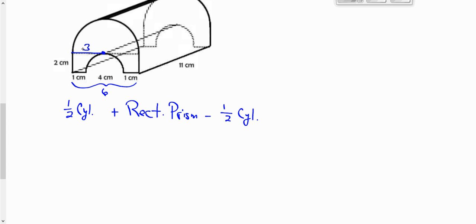If that's 4, what's this radius? 2, right? We're getting some numbers plugged in there that we need, okay? So now let's do the volume. We'll start with the top half cylinder, right? Volume equals not pi r squared h, but what?